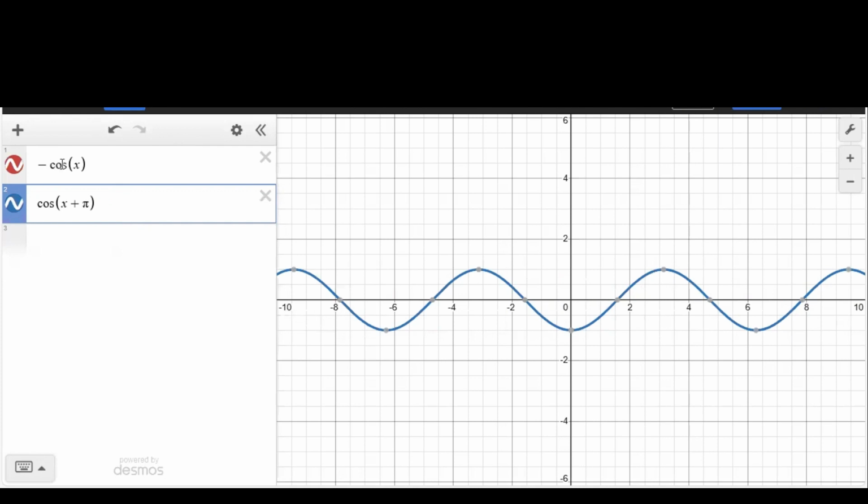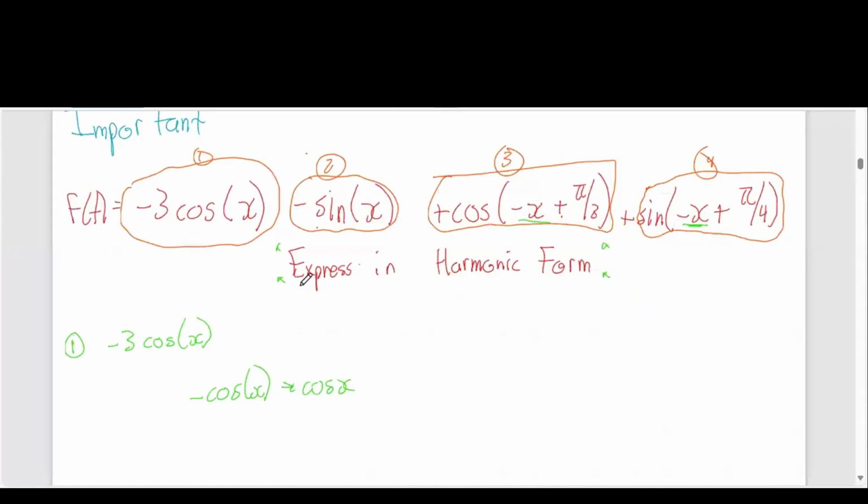So minus cos x is the same as cos x plus pi or cos x minus pi. In this case, that ends up being 3 cos, and we will just add the pi. So that's done.